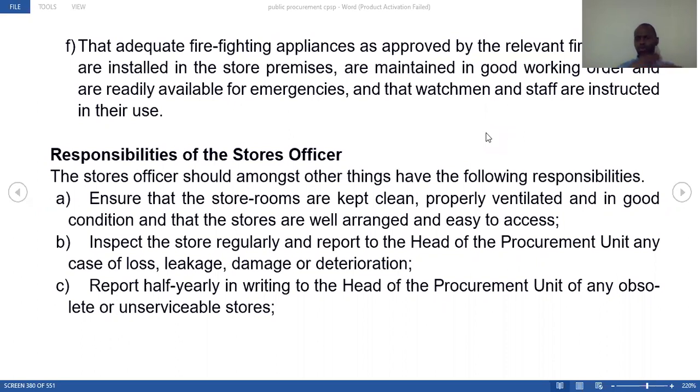They also do reports most of the time, reporting on issues of inventory, such as damages, leakages, loss, or unserviceable parts in the store. So their work is to maintain a report for that purpose.